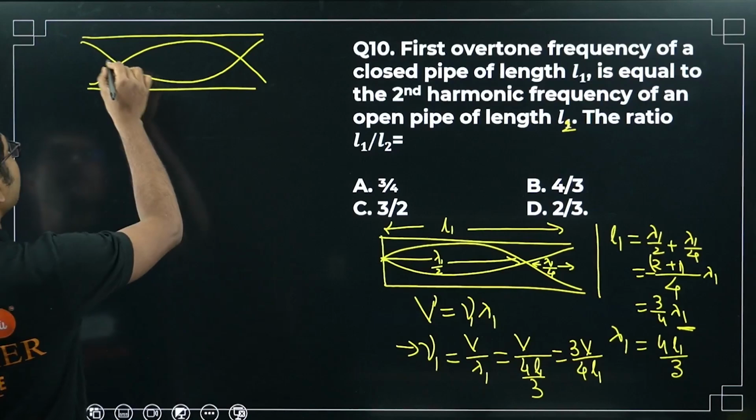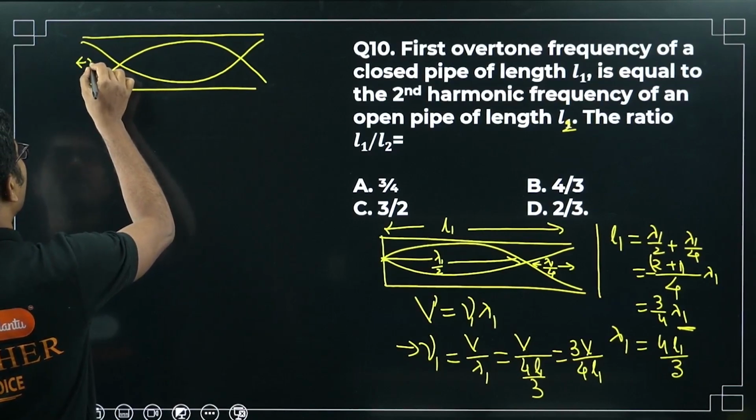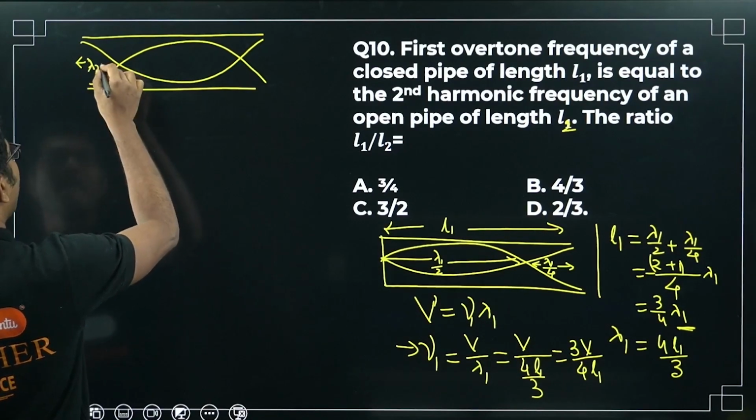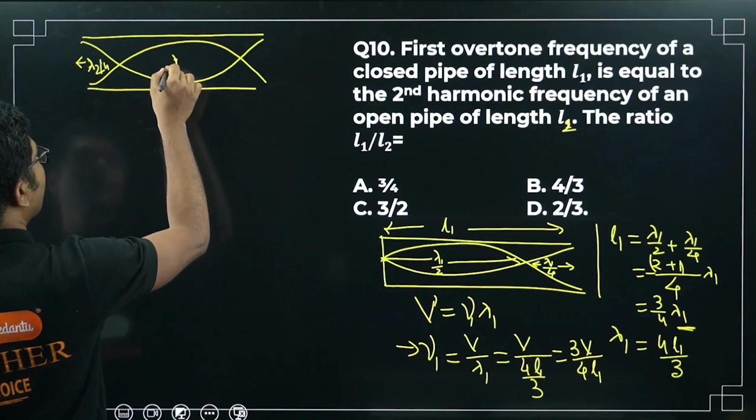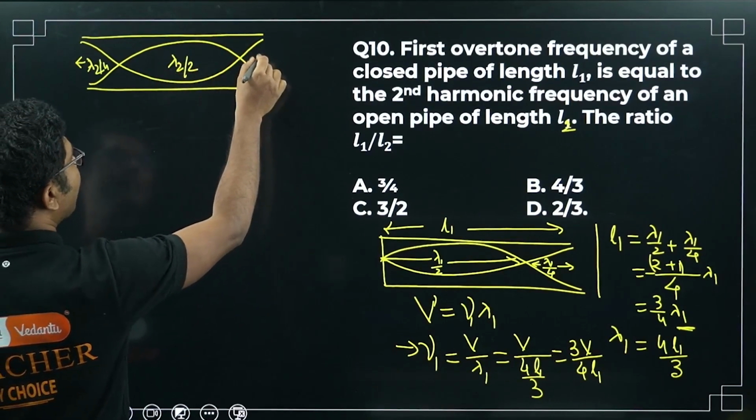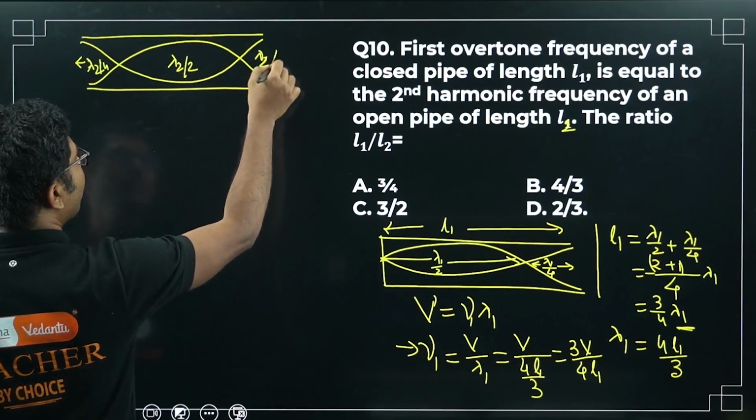So here we have two nodes. Now this wavelength, say lambda 2, so lambda 2 by 4 here, lambda 2 by 2 here, again lambda 2 by 4 here.